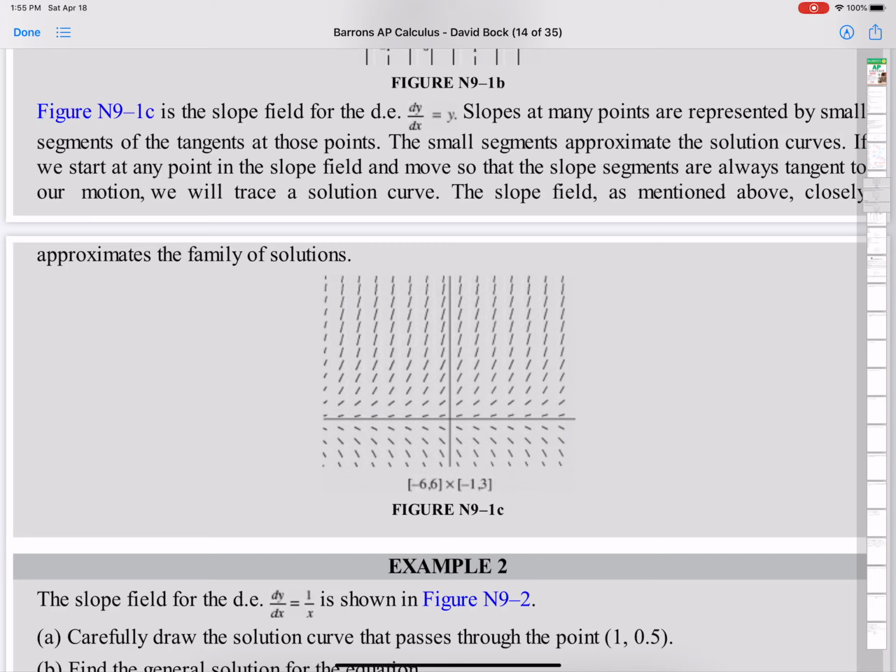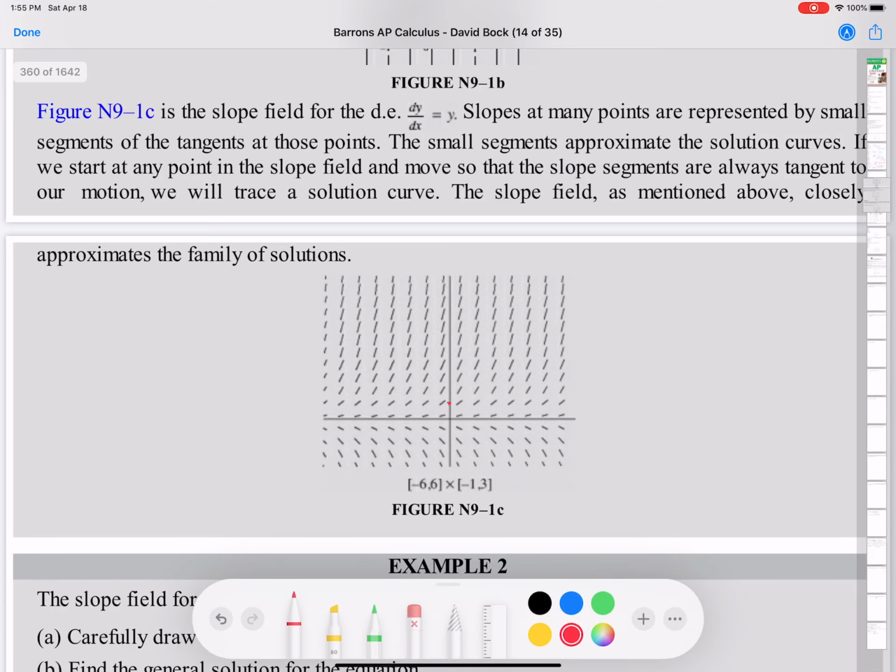Where y is 1, every tiny line's tangent slope looks like 1. If y is 2, every tiny line slope looks like 2. At y equals 3, the points (0, 3), (1, 3), (2, 3), (3, 3), (4, 3), same thing. The x value doesn't matter. Every slope looks like 3.